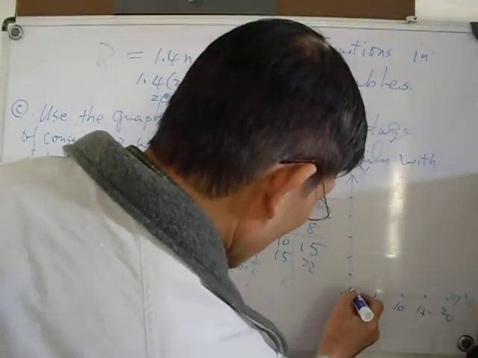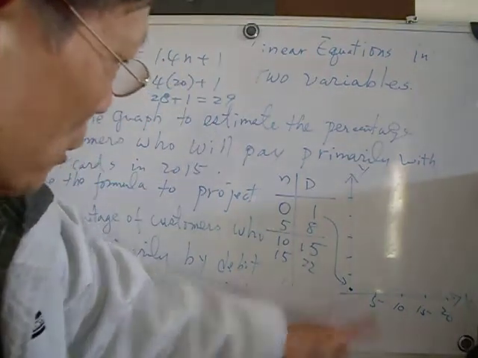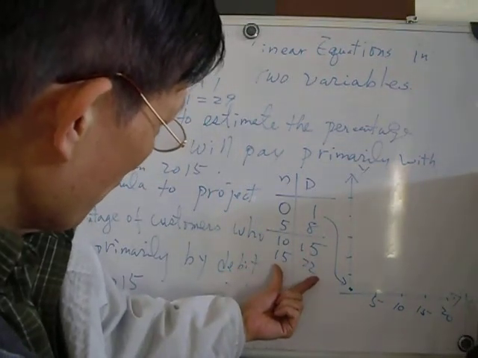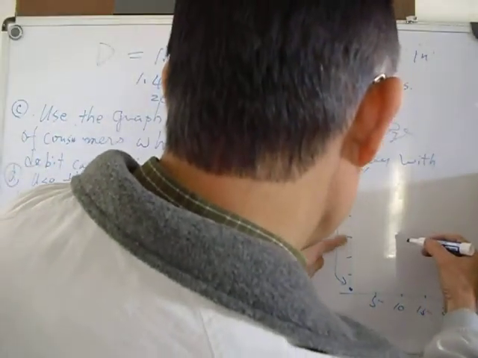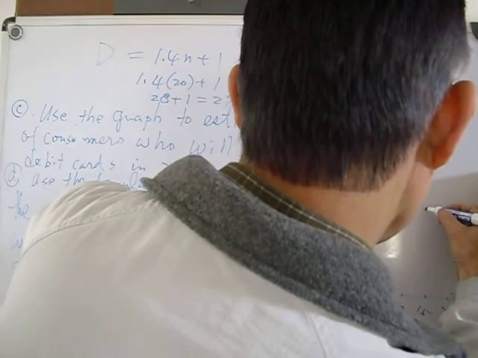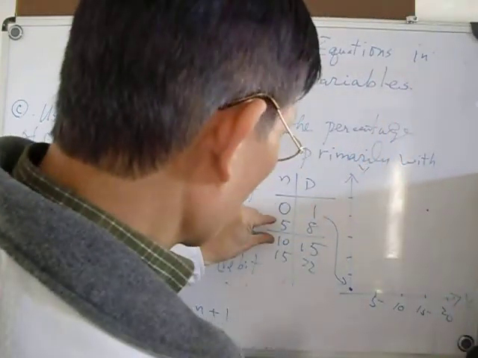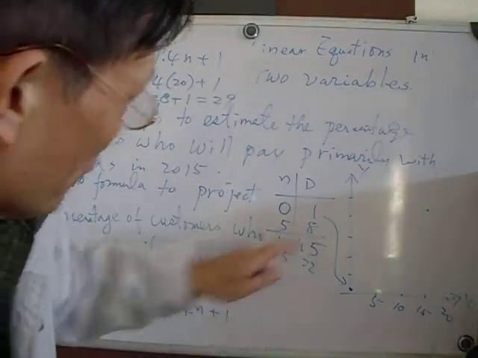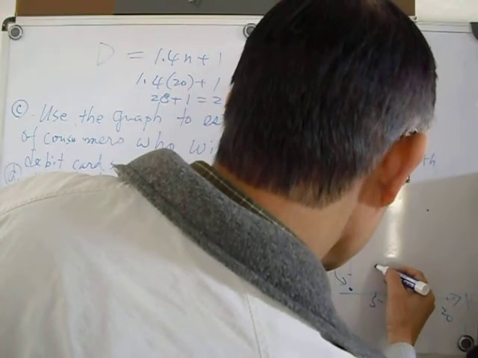0, 1, right here. So that's our first coordinate point. You can graph the very last one first: 15, 22. 1, 2, 3, 4, 22, roughly right here. The middle 2 points should be on the straight line. 5, 8 is right here.